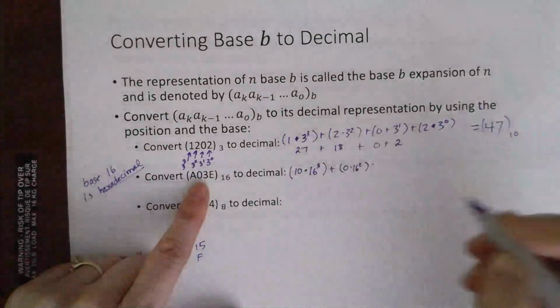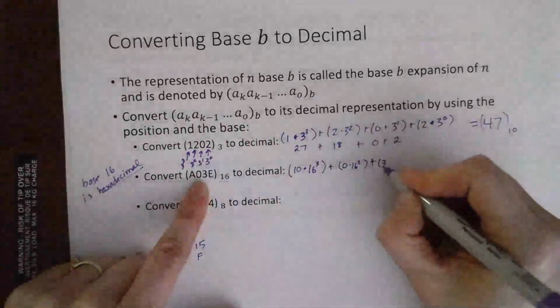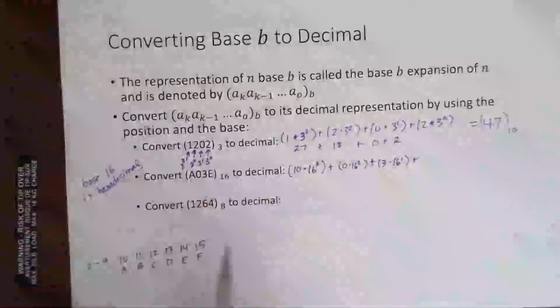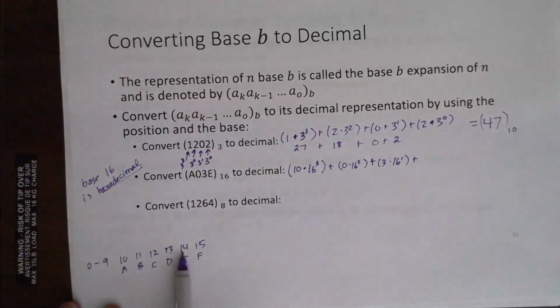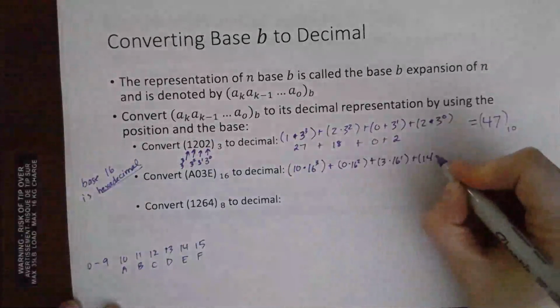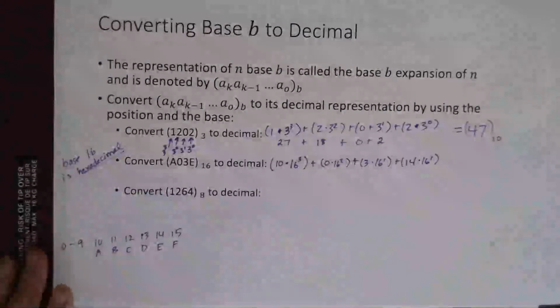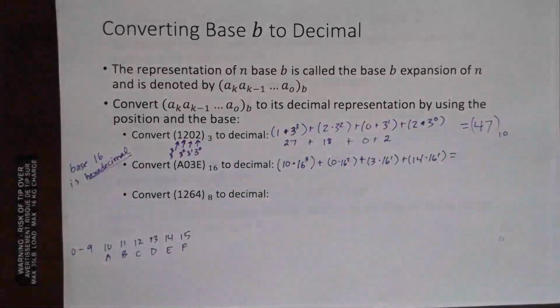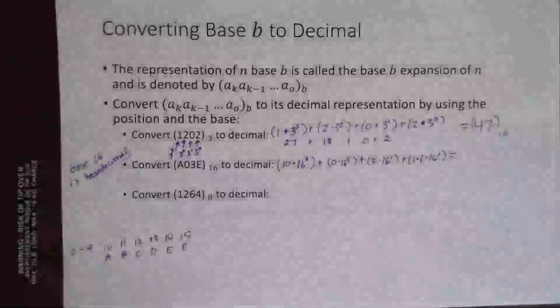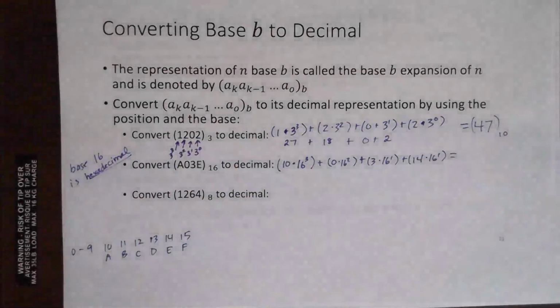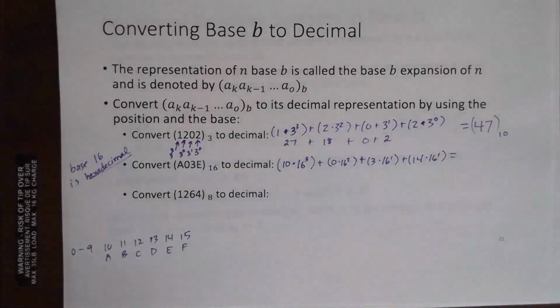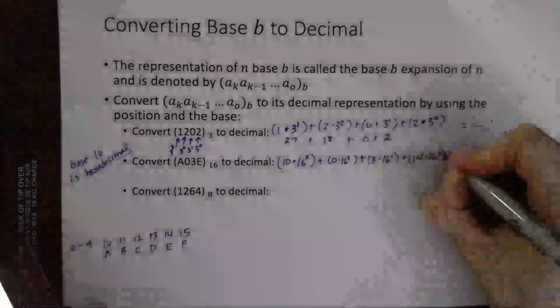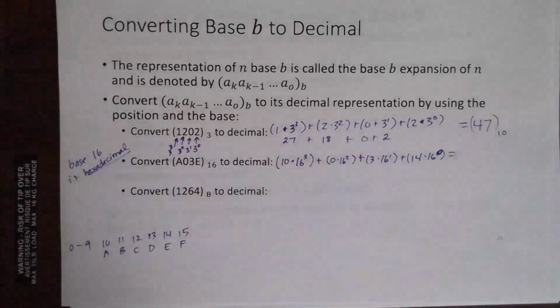Then we would have 0 times 16 squared, and then 3 times 16 to the first, and then E has a weight of 14, so that's 14 times 16 to the 0. Somebody has to do this on their calculator for me, 16 to the third. I'll grab my calculator too, and we'll see if you can get it faster than I can. Wouldn't the E be 16 to the 0? Thank you, I said 0 but did not write it correctly.